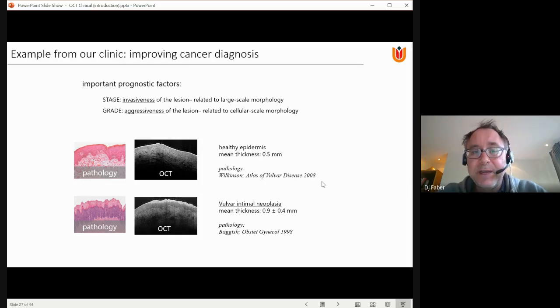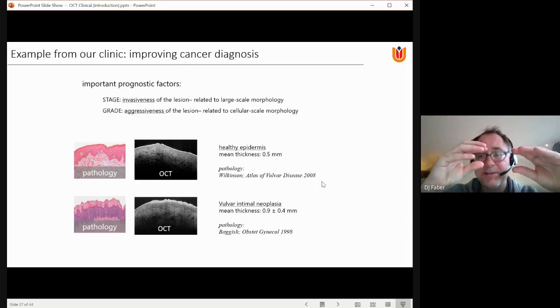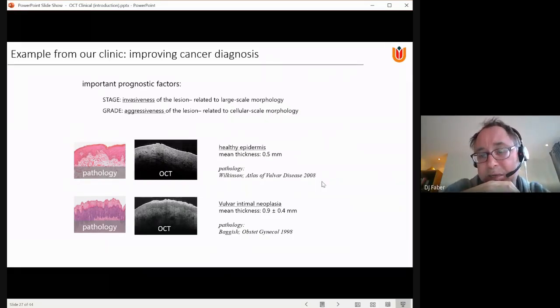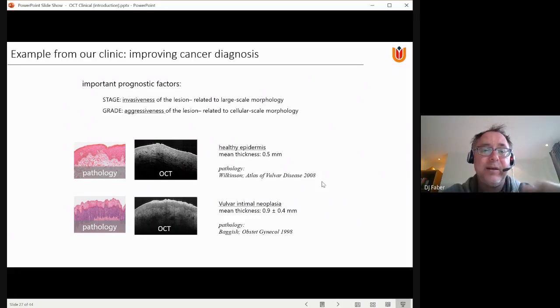Specifically for cancer, there are two important diagnostic, prognostic factors. One is stage, which is the invasiveness of the lesion. That relates to ingrowth, how far the cancerous lesion has grown into the tissue, and that should be something that you can identify with imaging. The other one is grade, that is the aggressiveness.